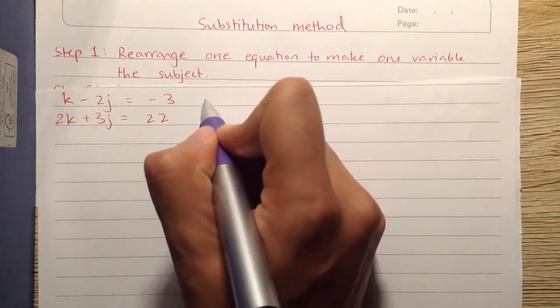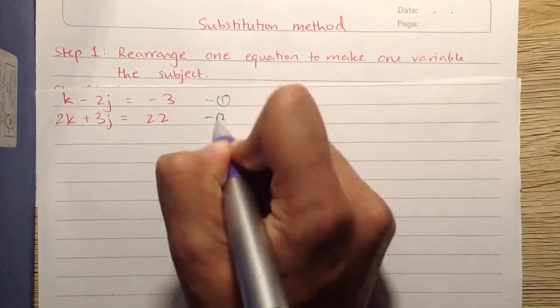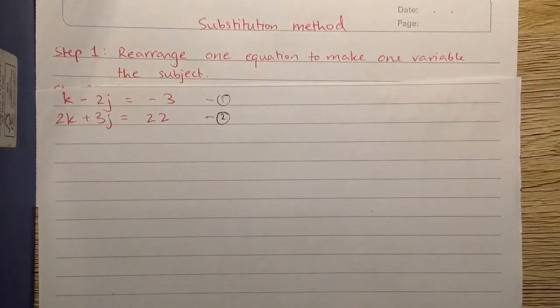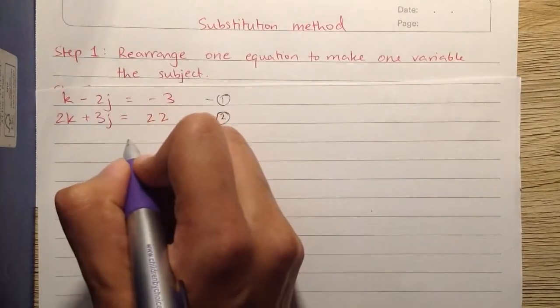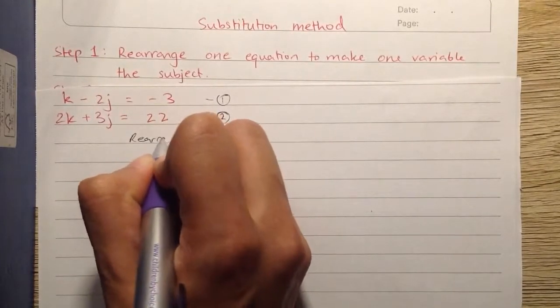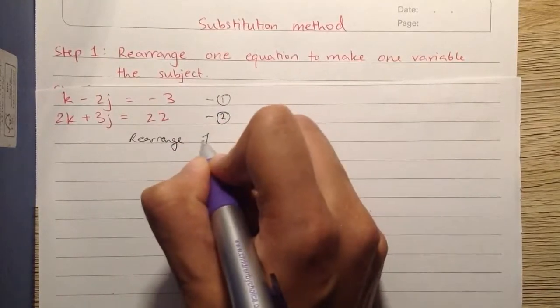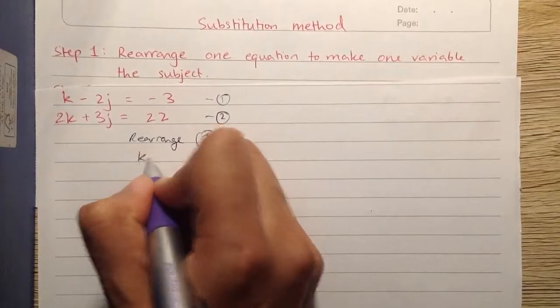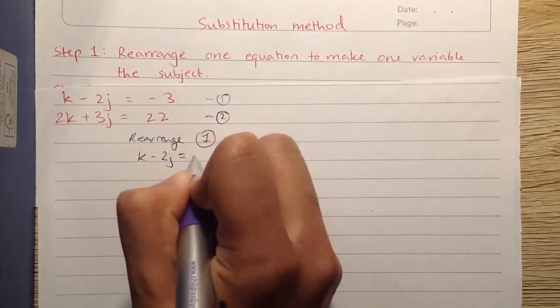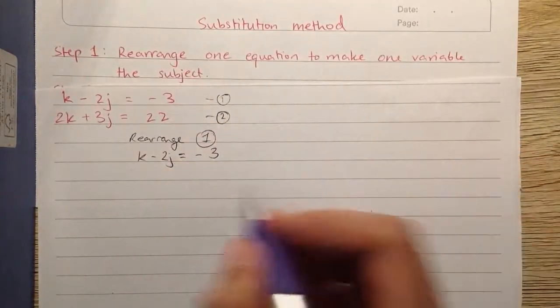So let's call this equation 1, call this equation 2. So step 1 is to rearrange one equation to make one variable the subject. So let's rearrange equation 1 and make k the subject. So we've got k minus 2j equals -3.